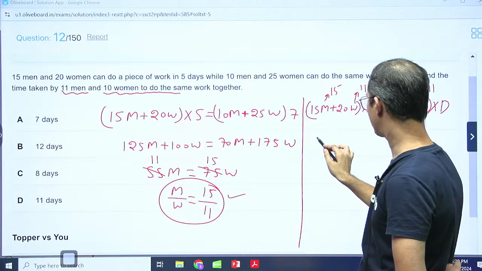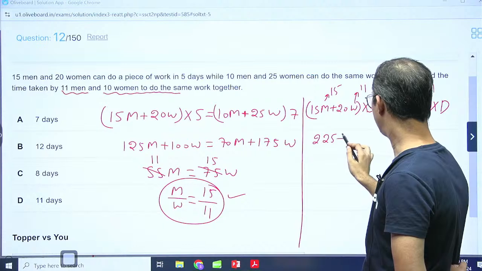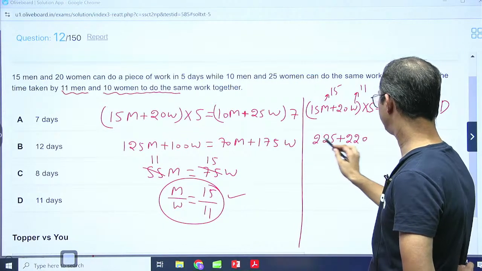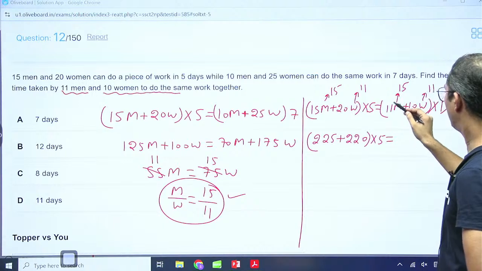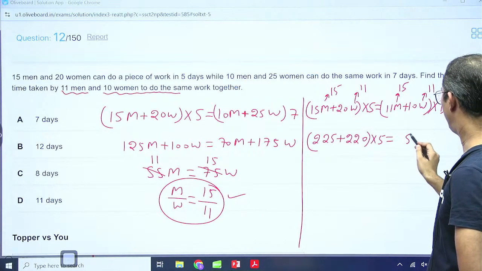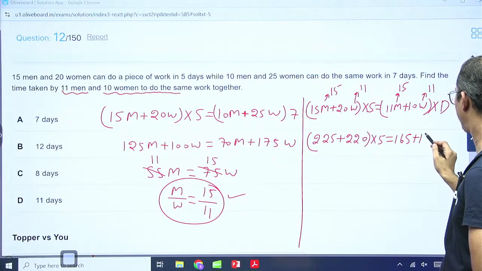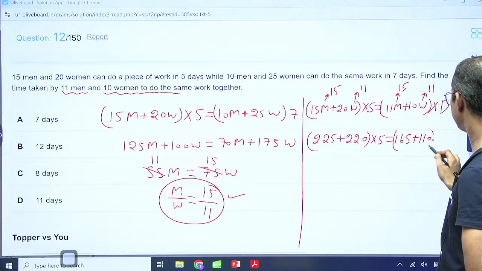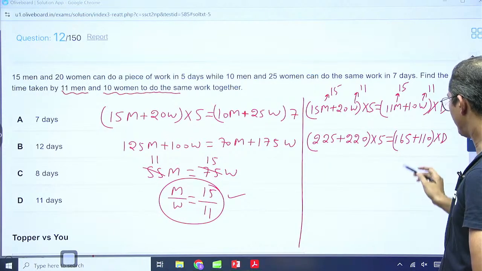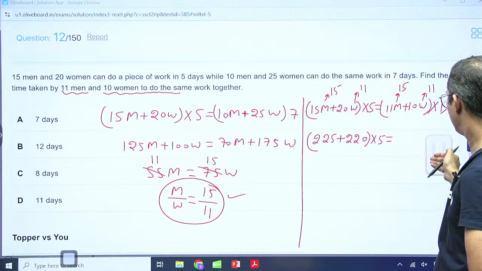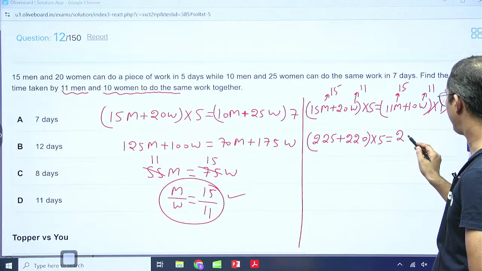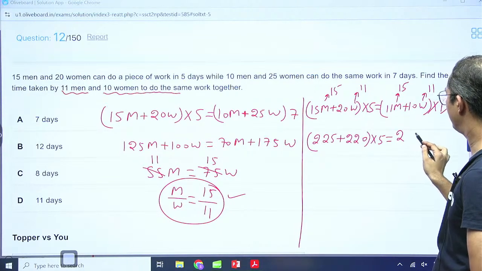So here we will get 225 plus 220 into 5, and this is going to be 165 plus 110 into D. So here we will get 275, right? Is this clear? Yes.